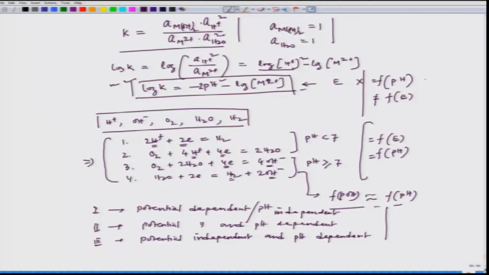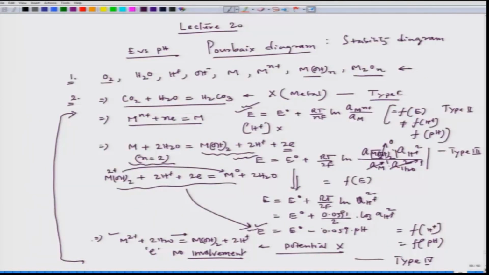this type of particular reactions, and in this case K equal to delta Z0 over minus RT, and in this case E0 equal to delta Z0 over nF with a minus sign.